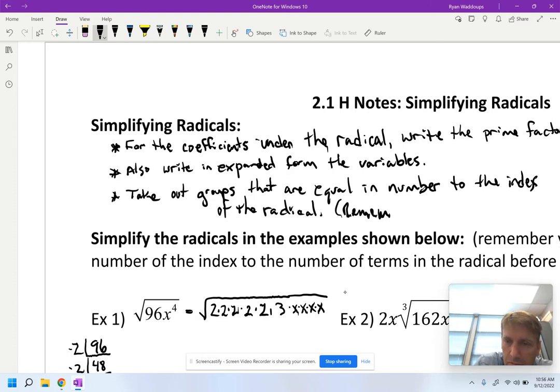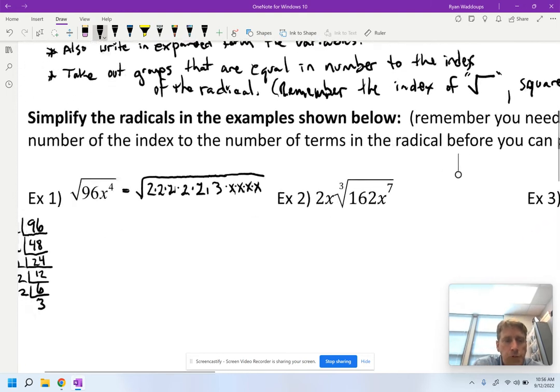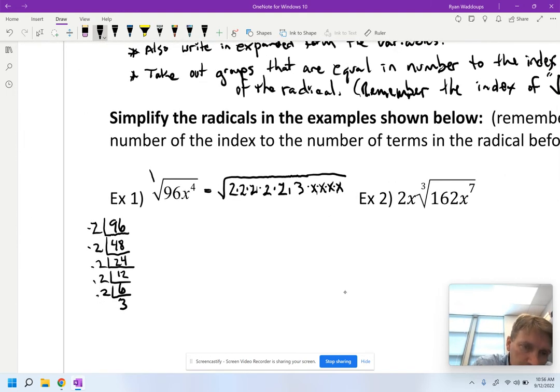Remember that the index of square roots is 2. So the number that would be there if there were a number there is 2.